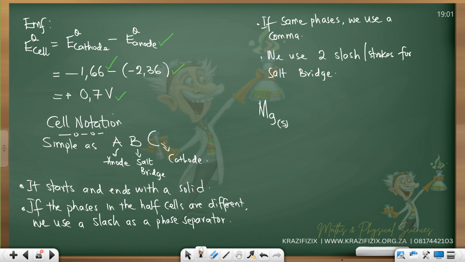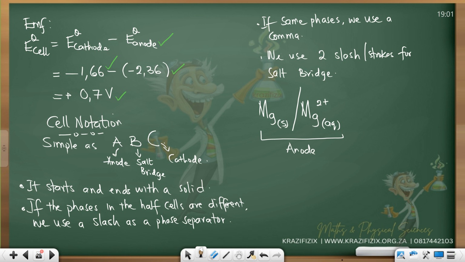Then remember I went into the pool. What was in the pool? Mg2+. Just write the active ion, Mg2+. Now that is my anode. But do you notice that there are different phases? One is a solid and one is a liquid. What do I do?